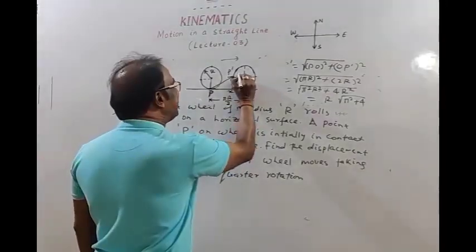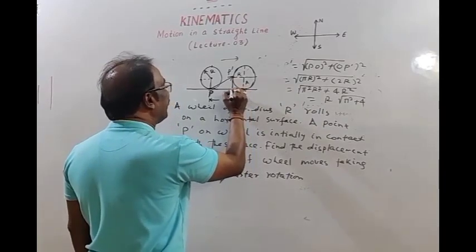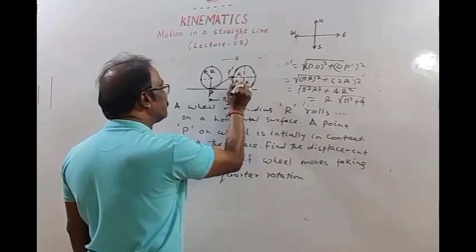Okay. So this is the radius, this is also a radius, so OX is also r, and XP dash is also r.